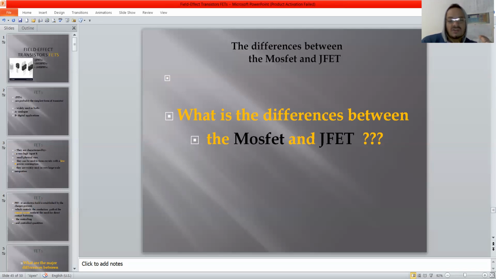Why? Because the depletion regions will touch each other and close the channel when the drain source voltage equals VP. Here, this is the pinch off at the pinch off voltage.